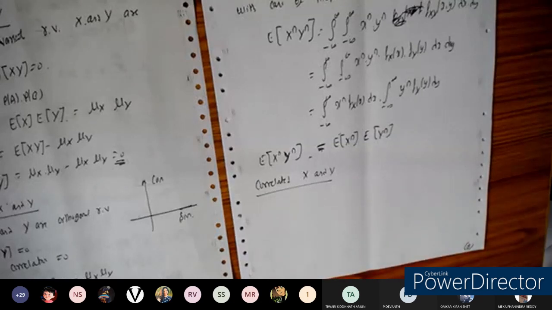Okay, so we are going to define the correlation coefficient.